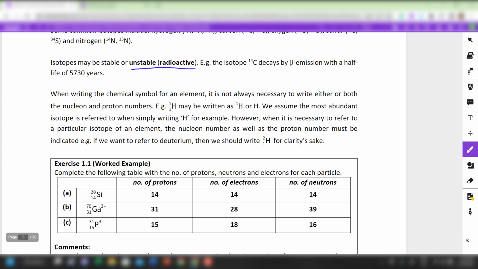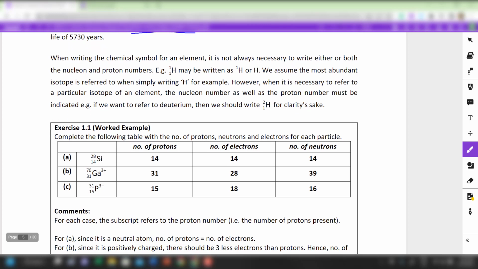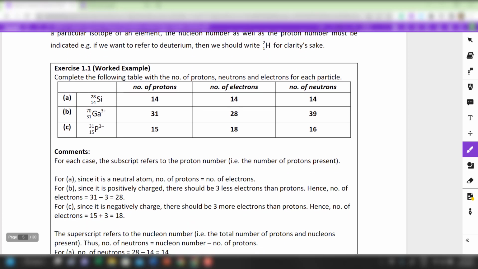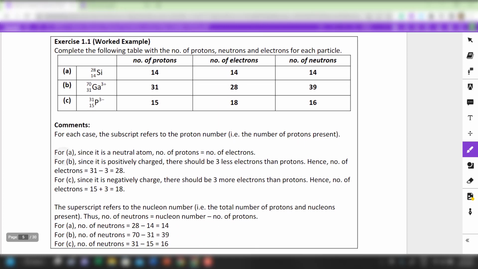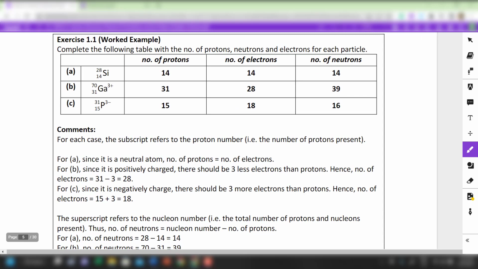Over here we have worked example 1.1. You're asked to complete the following table with the number of protons, neutrons, and electrons of each particle. This is pretty straightforward because it basically tests whether you can read the symbols provided in the second column.